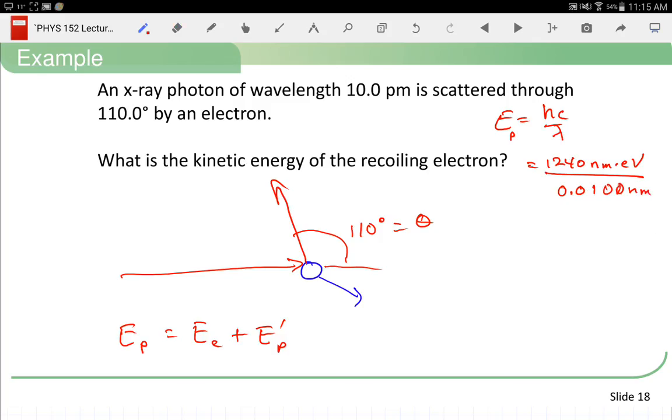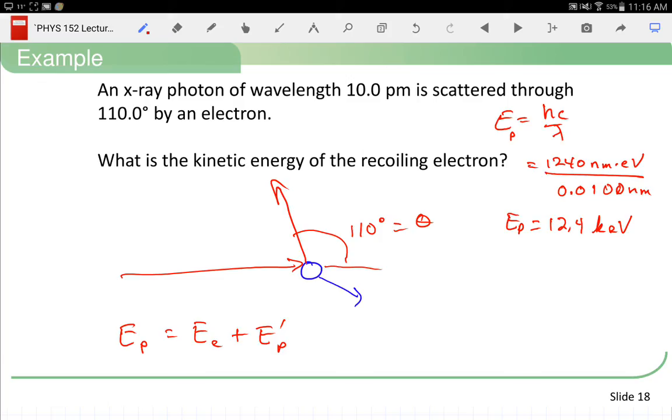Change it to nanometers so my units will cancel. And so what's the energy of my photon initially? That's 12.4 kiloelectron volts. So I know the energy of the photon I started with. I'm looking for the energy of the electron.